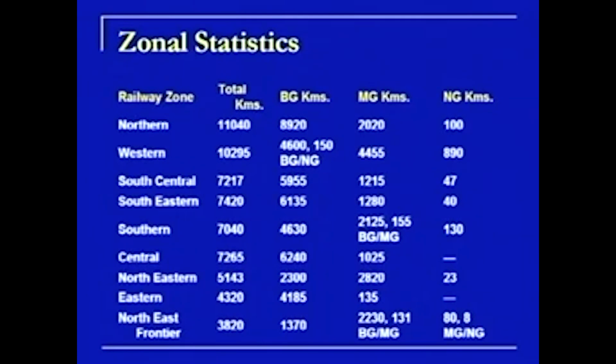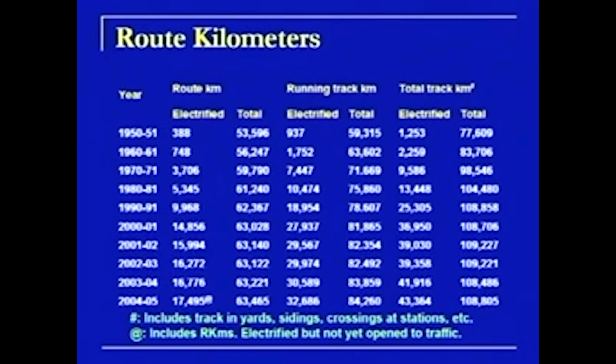In the case of the broad gauge route kilometers operated by these zones, the northern zone has very heavy broad gauge kilometers, followed closely by the southeastern zone or the central zone.